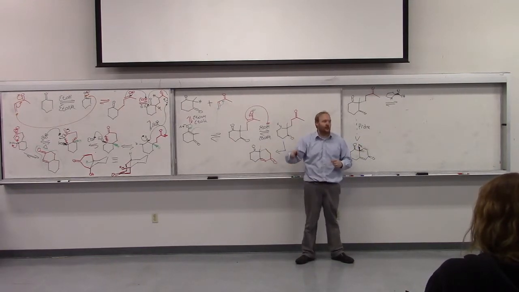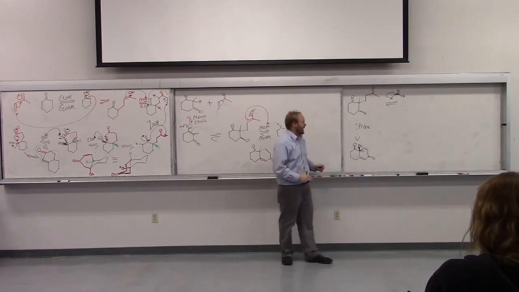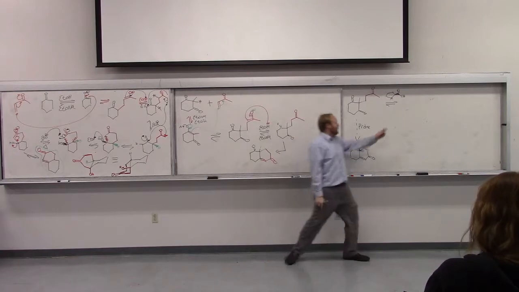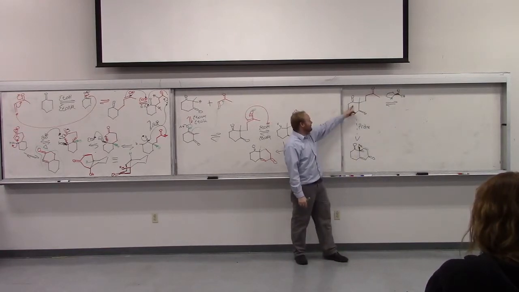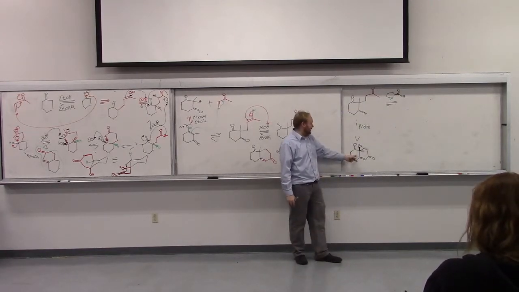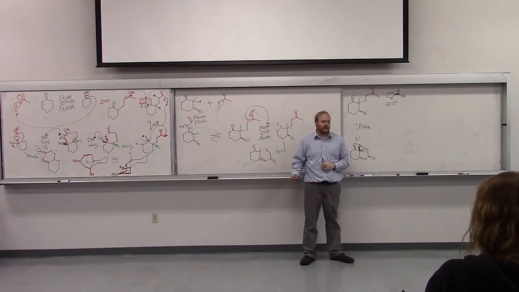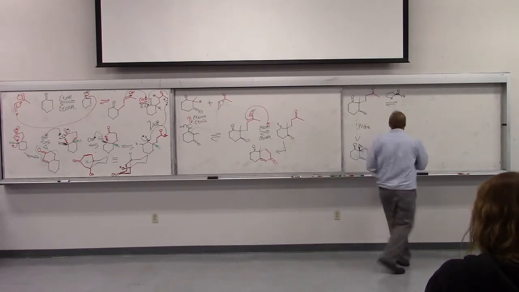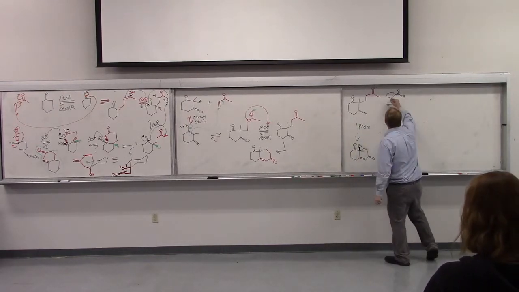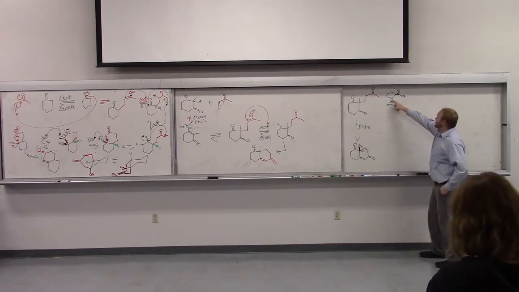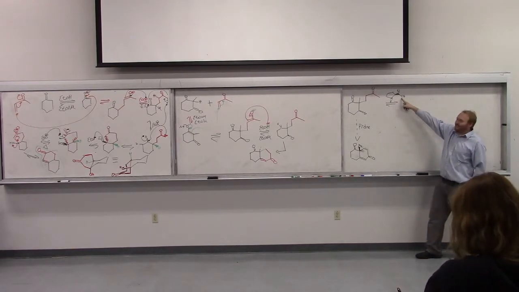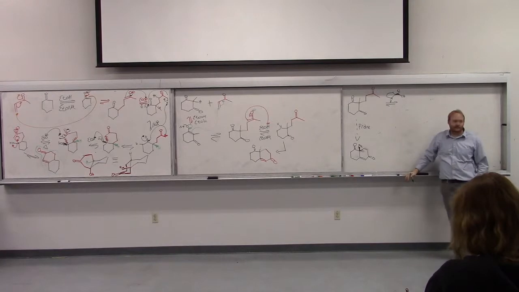And I don't care about why you get stereopure form. I just want to show you an application that really draws together a lot of things we talked about in this class. And so if you throw in a secondary amine, we can drive the Michael product directly to the annulation. And so how does this happen? Well, if you have a secondary amine that happens to have an acid in it, what's going to happen?